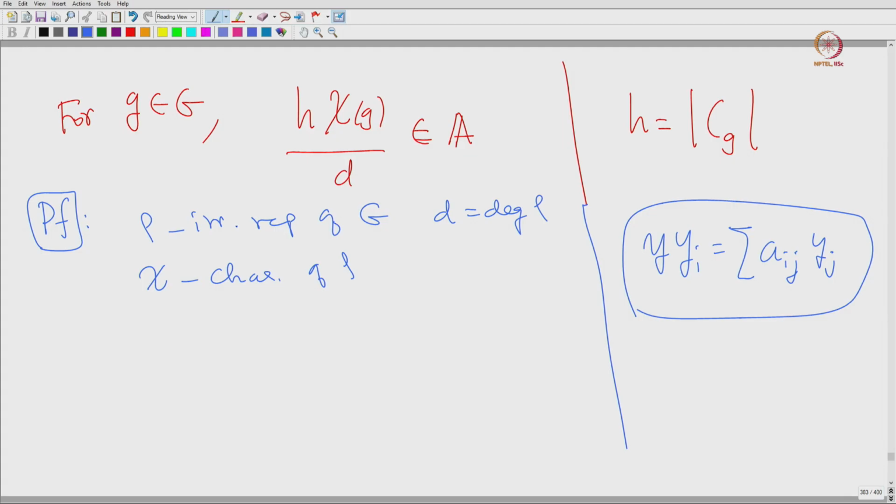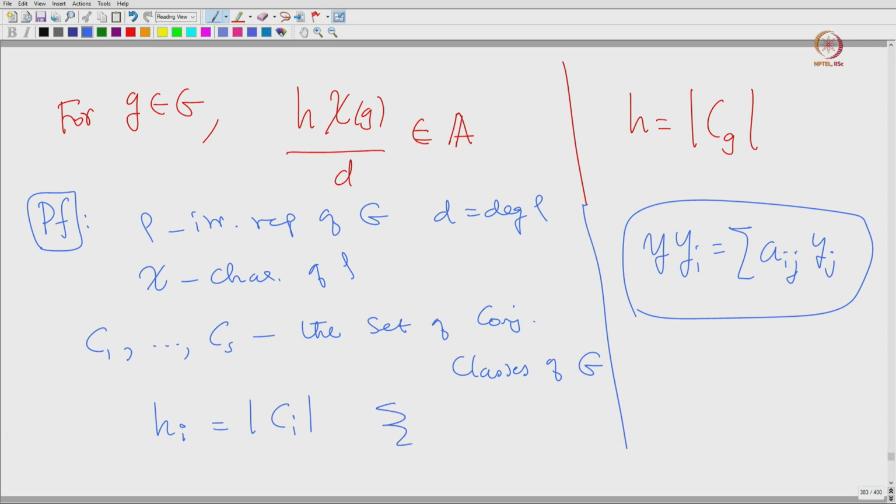We are also going to fix the set of conjugacy classes C_1 through C_s of G. We set h_i to be the cardinality of C_i, and chi_i to be the value that you get when you apply chi on C_i. These notations I will be using.